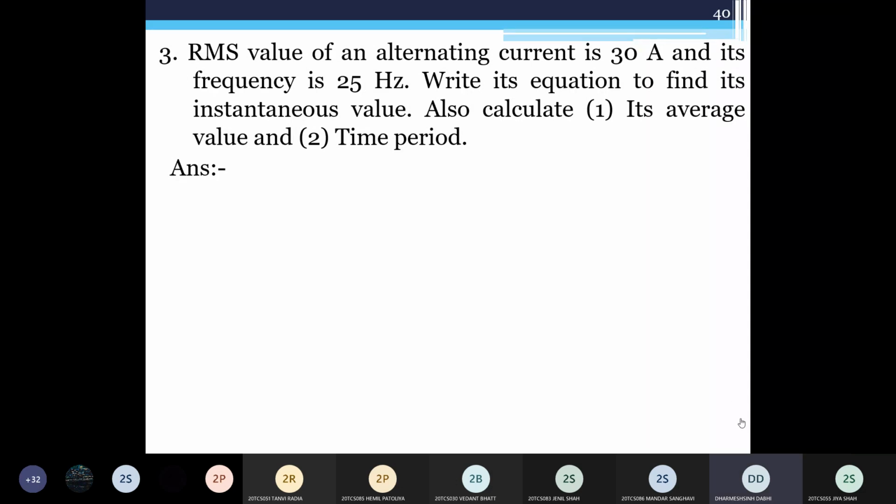Yes, Vedant, I cannot hear you. Roll number 31, Desha. Just give me the answer. Sir, just calculating.